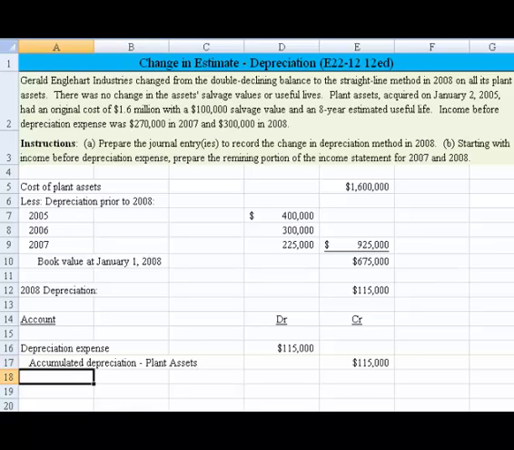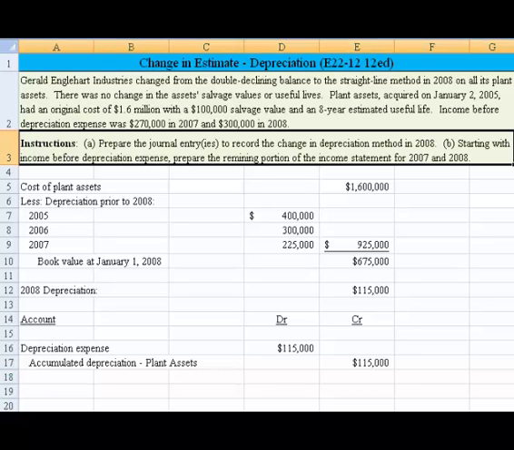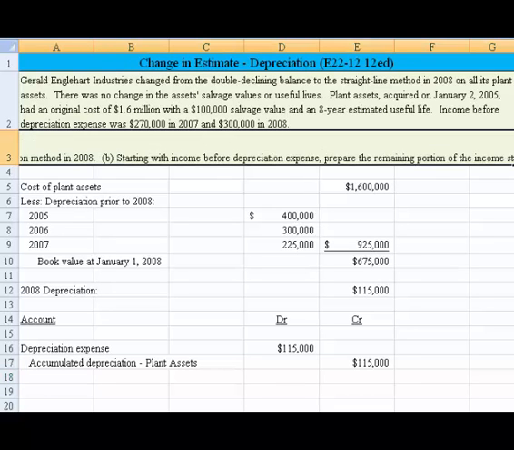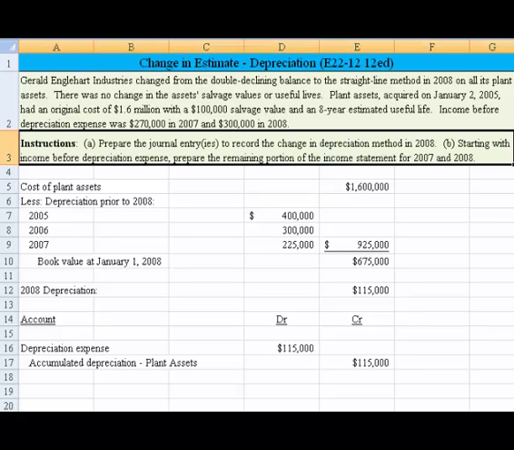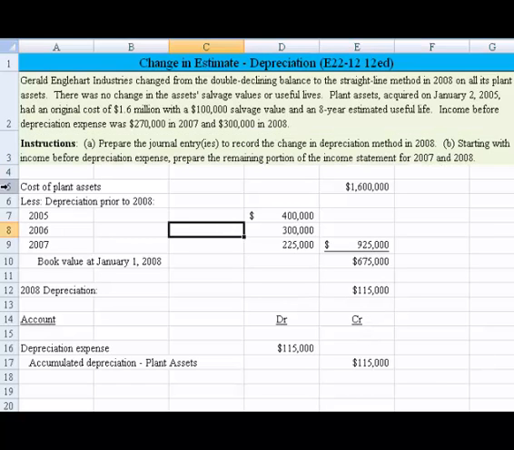All right. Now, let's take a look at Part B, which says, starting with income before depreciation expense, prepare the remaining portion of the income statement for 2007 and 2008. Oh, and I see I have a typo there too. Okay, well, we have the depreciation amount now, so let me see how I can do this.